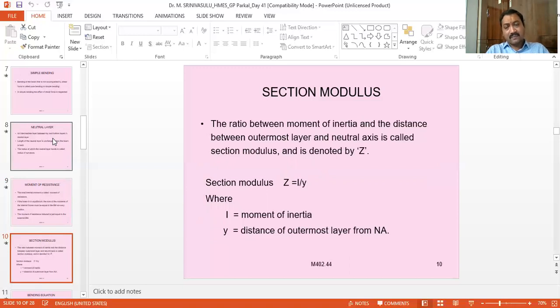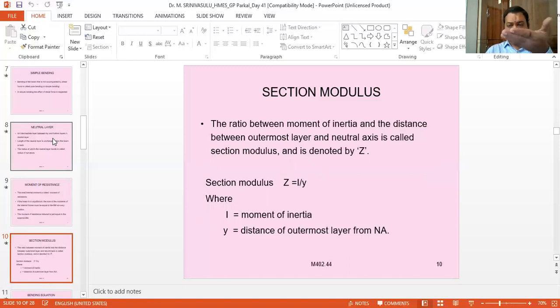It is always denoted by the letter Z, and Z is equal to I by y, where I is the moment of inertia of that section and y is the distance of the outermost layer from the neutral axis.